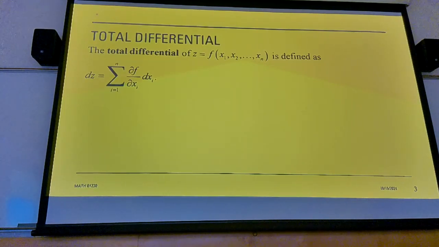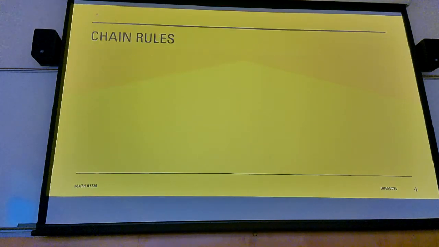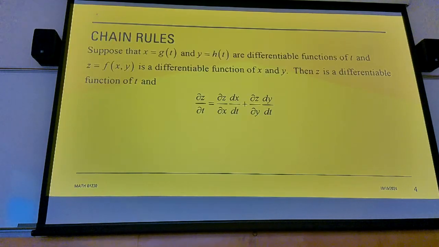In multivariable calculus, we now have special chain rules, which we technically don't have to use. So suppose that x and y are both functions of t, specifically they're differentiable functions of t, and that z is a function of x and y, and it's differentiable.